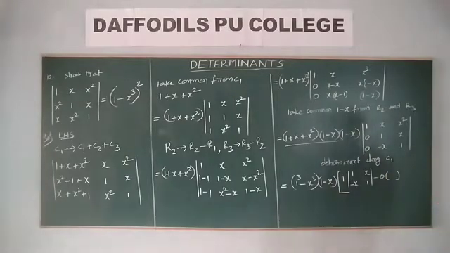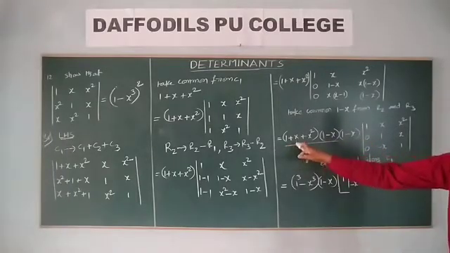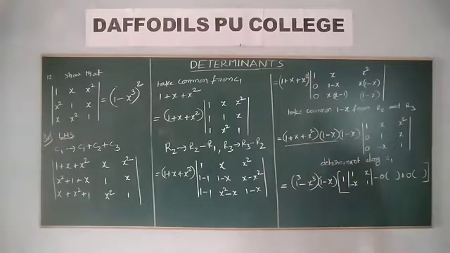However, 0 means put 0. So plus this value, plus minus plus, so that implies this value is equal to 0, and that also is 0. So this is x. Still we want 1 minus x of 1 plus x square.